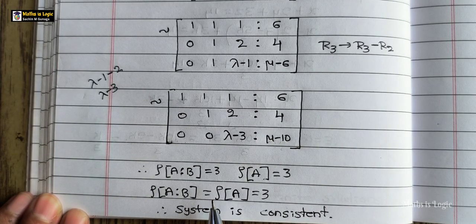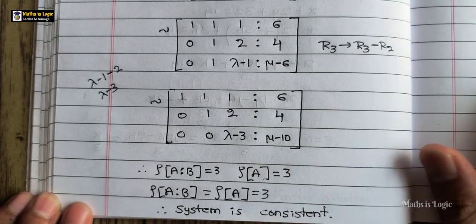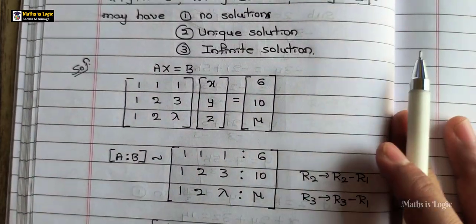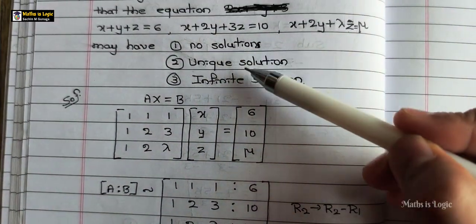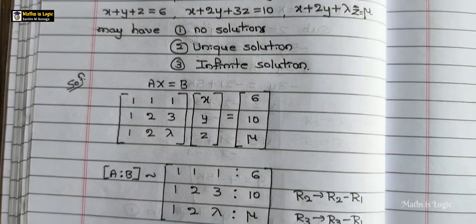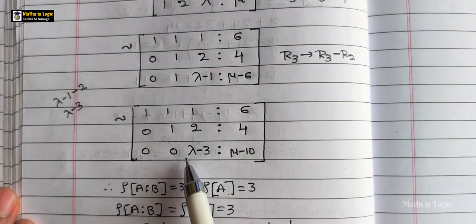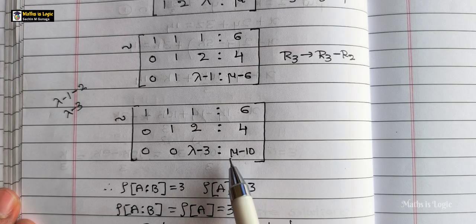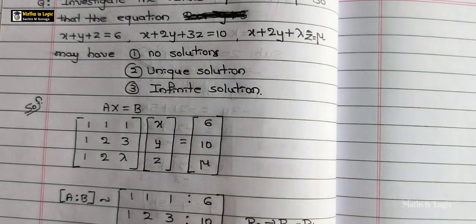Now we have to verify 3 observations. Unless we know the value of lambda and the value of mu, we cannot specify these 3 observations.